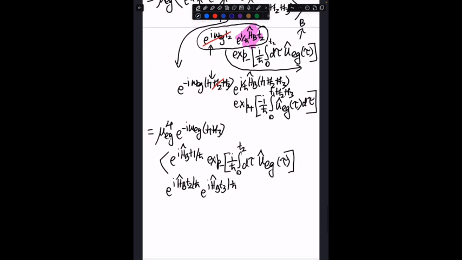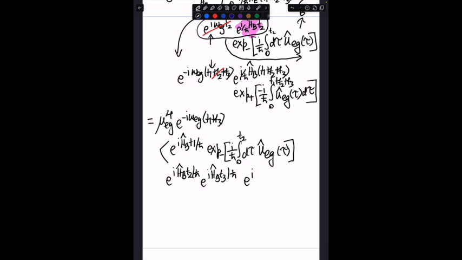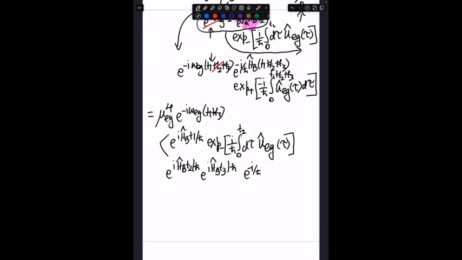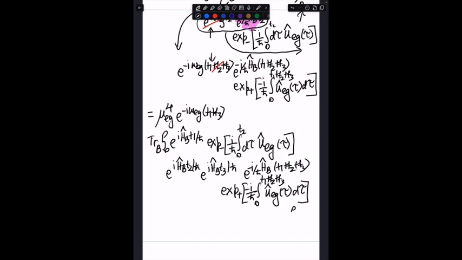And then lastly, you have e^{-iH_B (t1+t2+t3)/ħ}. Sorry for the mistakes. And then you have your positive time ordered exponential. I hope this is clear. And then you take a trace. Maybe I should just go back to the trace notation with the bath equilibrium density operator.